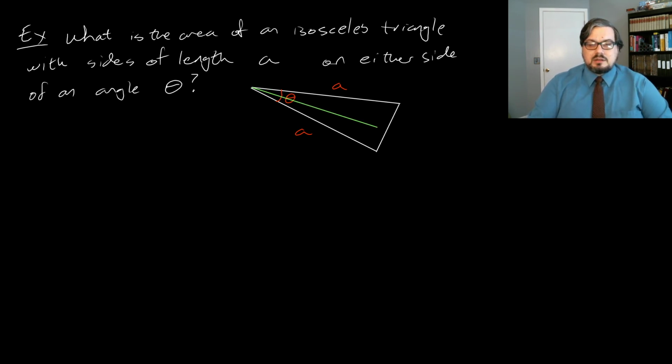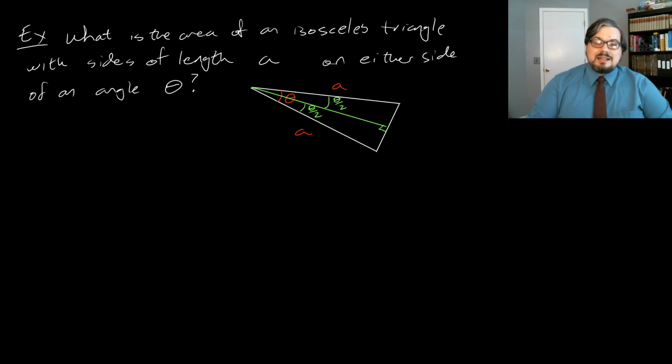So let's look at what happens if I drop a line down here that's going to make a right angle with the base of the triangle, and you can show by the various congruence theorems from geometry that in fact the two smaller triangles inside the isosceles triangle are congruent, and in particular that means that these two angles are going to be the same.